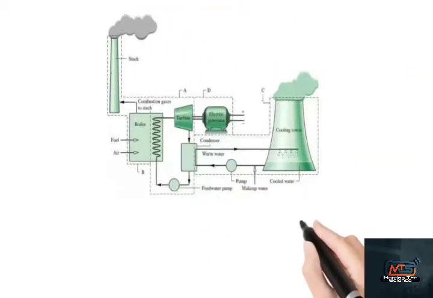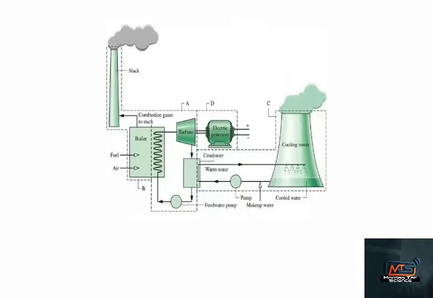With the help of this diagram, we will understand the working of the thermal power plant. As shown in the figure, in the boiler heat is produced to convert water into steam. Then that steam of high temperature and pressure is circulated to a turbine to rotate its blades. As the turbine is connected to an electric generator with the help of the shaft, as the blades of the turbine start to rotate, the magnet in the generator also starts to rotate, and hence electricity is produced.